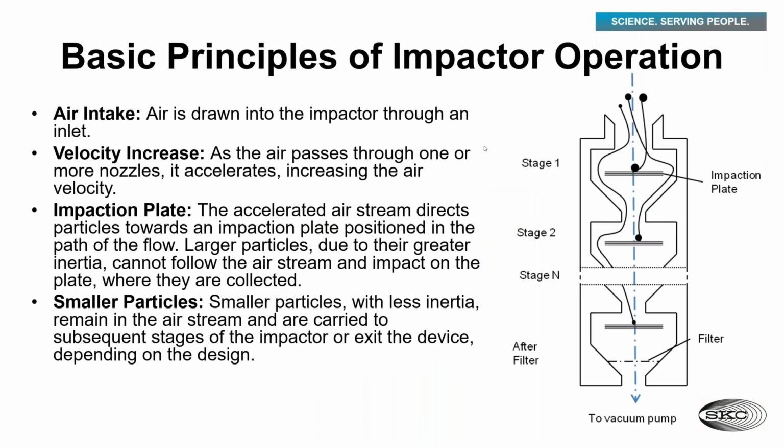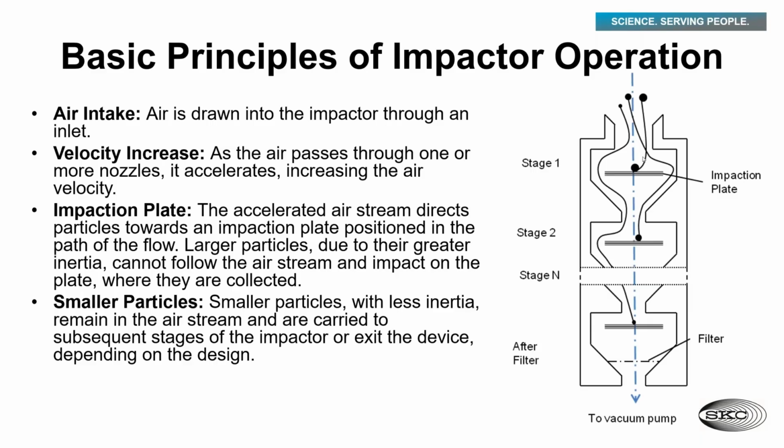So the basic principles of how an impactor works, it's somewhat similar to the cyclone in that it's using inertia to remove the larger particles, but it's doing it in a very different way. This particular picture over here on the right is a multiple stage impactor, but either way, our dust is coming in through the inlet.